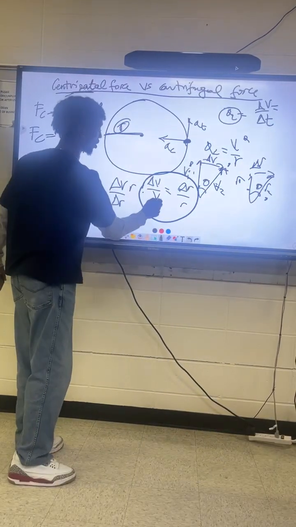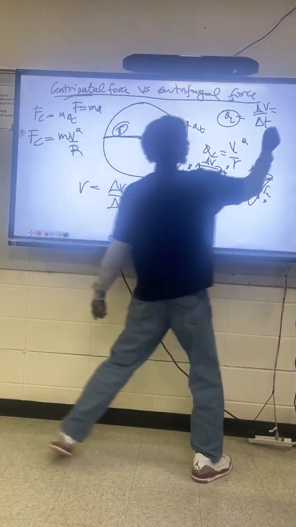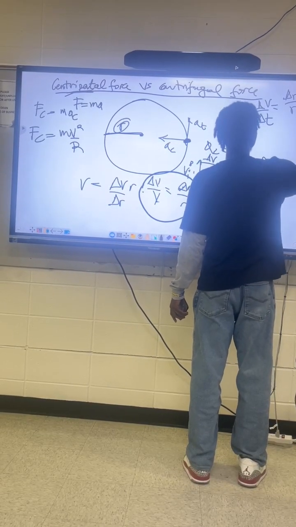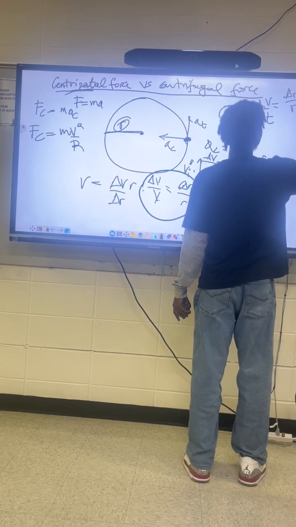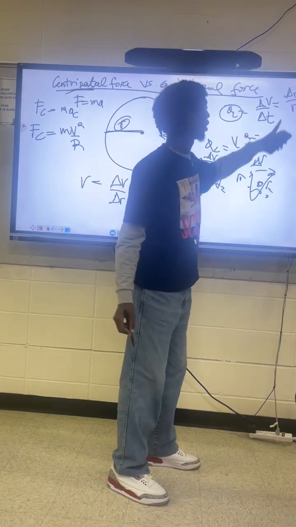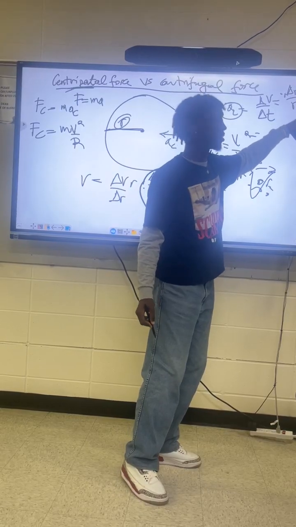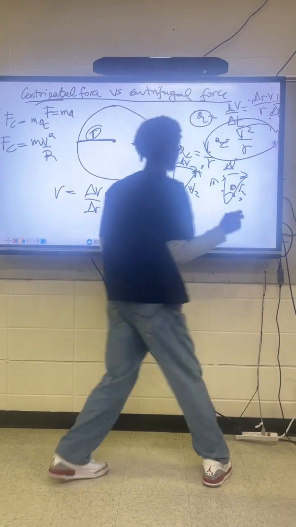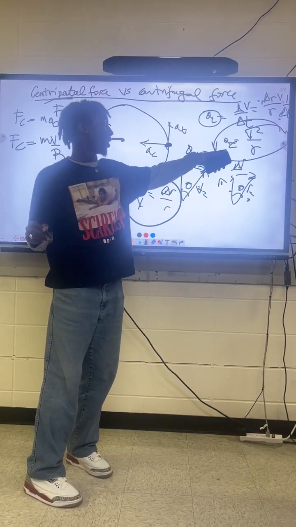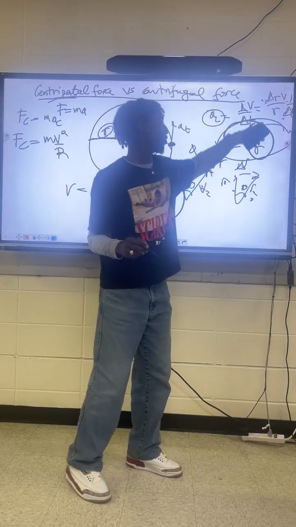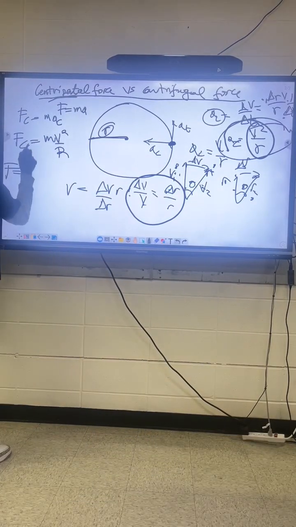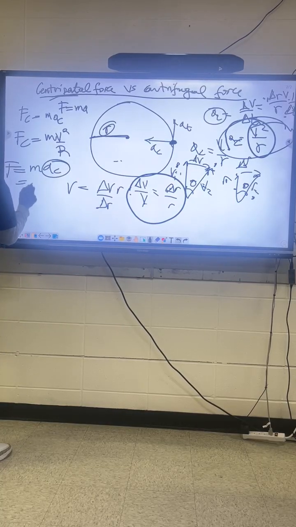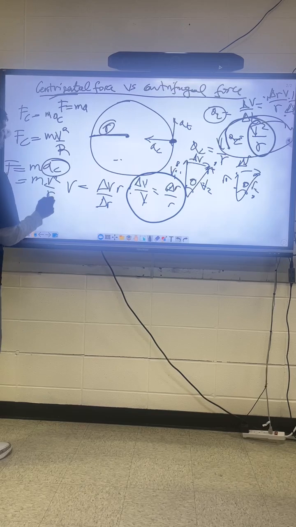So we know dV is equal to dr V over r, times 1 over dt. And we know that dr over dt is equal to v, which gives v squared over r. So we know that the centripetal acceleration is equal to v squared over r. So centripetal force is equal to mass times the centripetal acceleration, which is equal to mass times v squared over r.